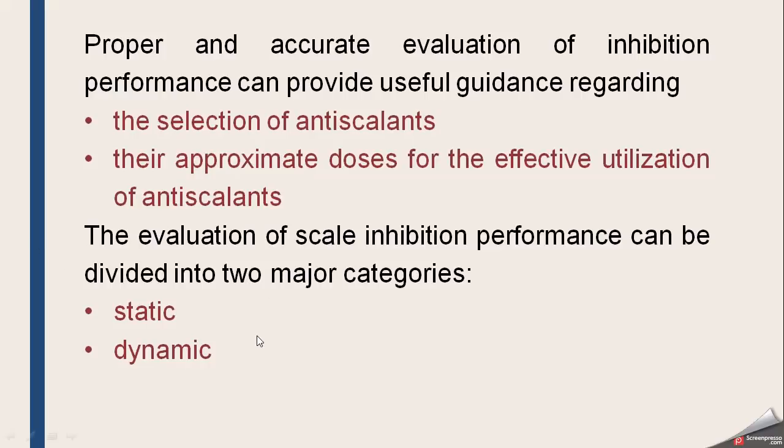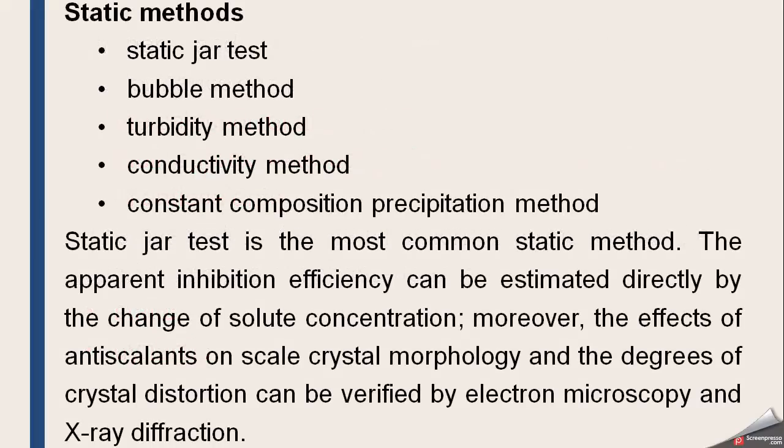So in general, there are two broad categories: one is static and the second is dynamic. These different methodologies are used for the evaluation of the performance of scale inhibitors. In static methods, there are different methods like the static jar test, bubble method, turbidity method, conductivity method, and constant composition precipitation method.